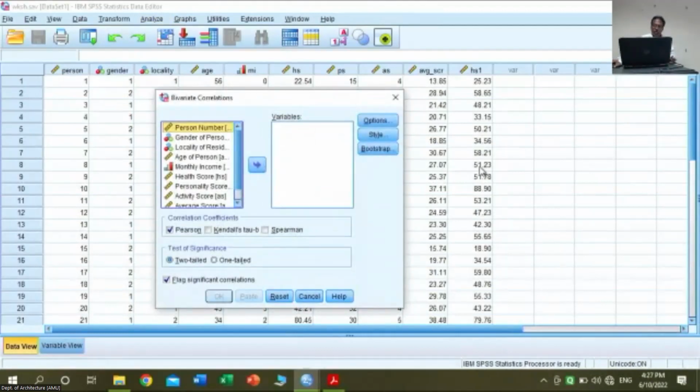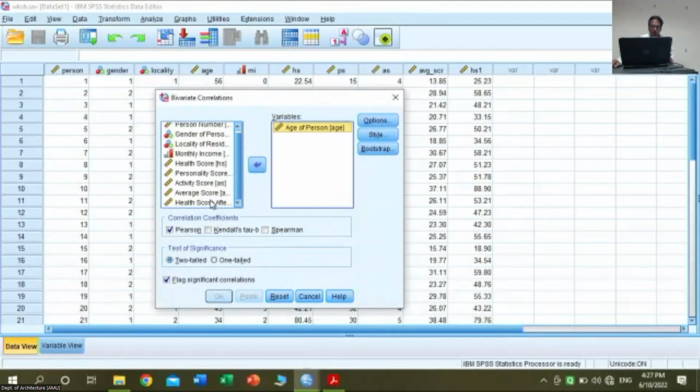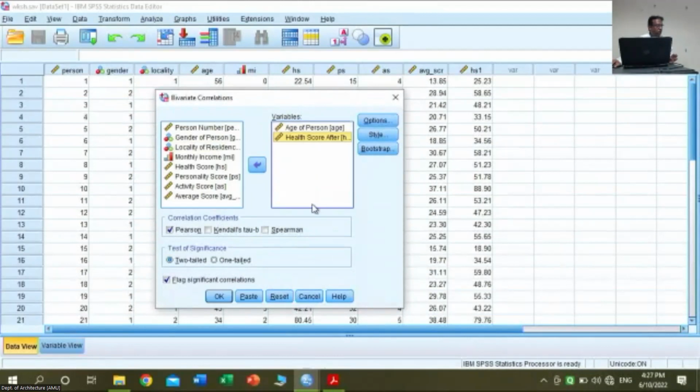Okay, so you want to get the correlation between age and health score. So move age and health score here, and then okay. Options में भी आप देख सकते हैं, कुछ नहीं लेना है आपको.